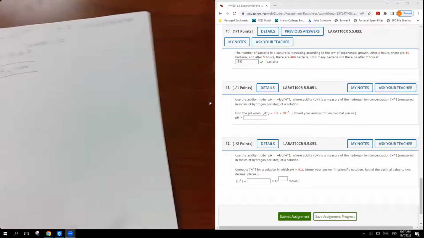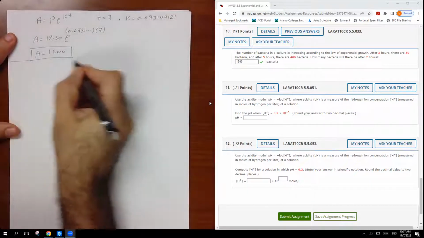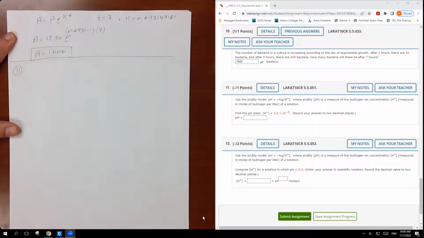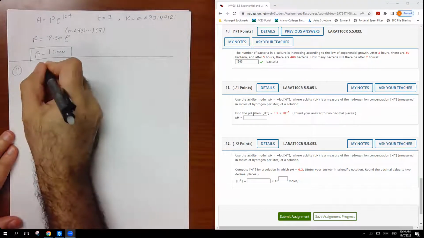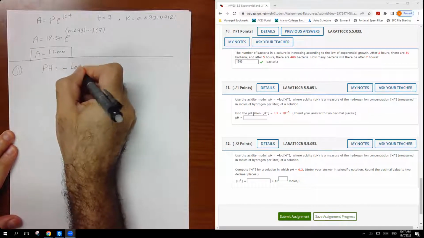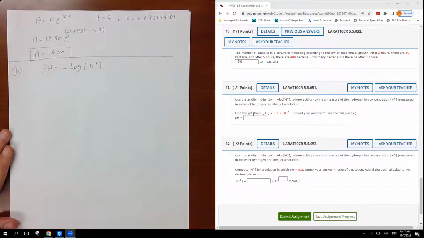So for example 11, use the acidity model. Here's our model: pH equals negative log of H plus, where the acidity pH measures the hydrogen.